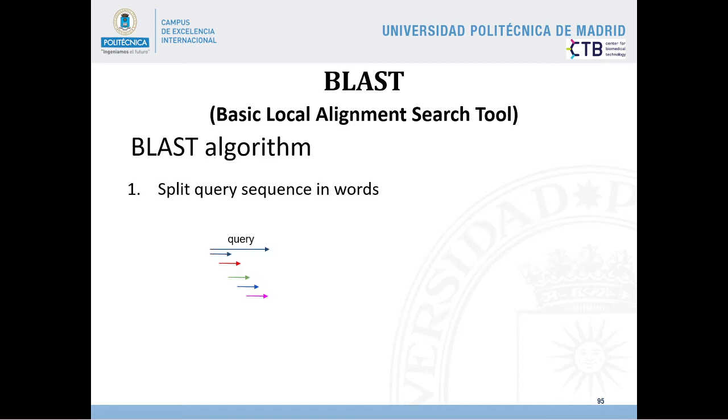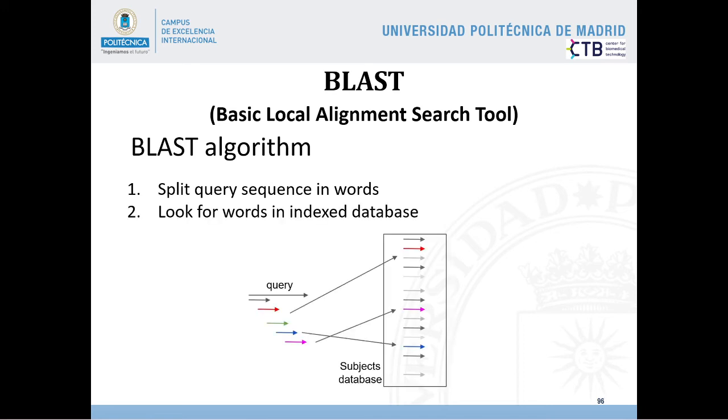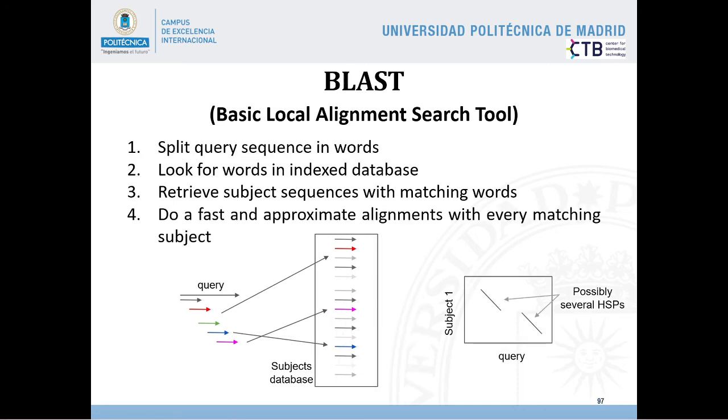So the steps the BLAST algorithm will take would be splitting the sequence that we have, our query, into different fragments that we call words, looking for those words in the indexed database, that as we have indexes, it would be a lot quicker here. Then we will retrieve the subject sequences with matching words, and we will do fast and approximate alignments with every matching subject.